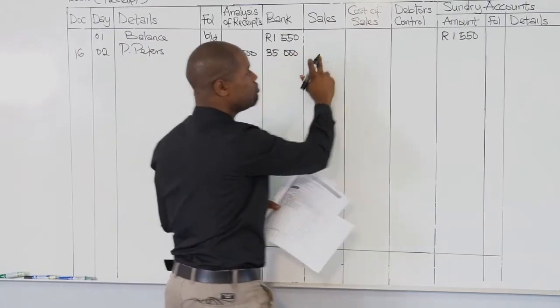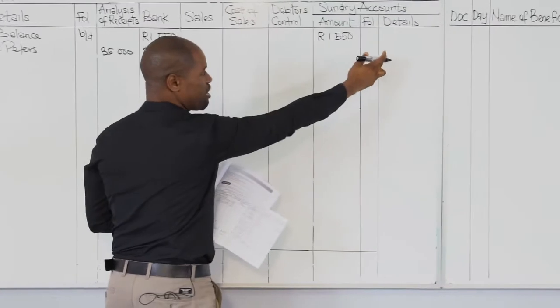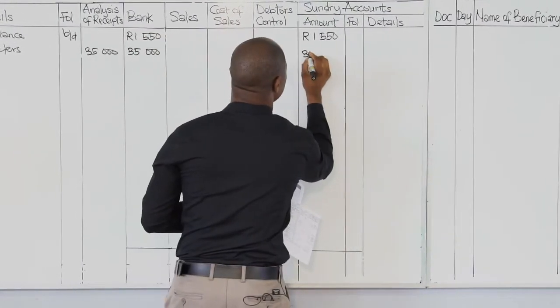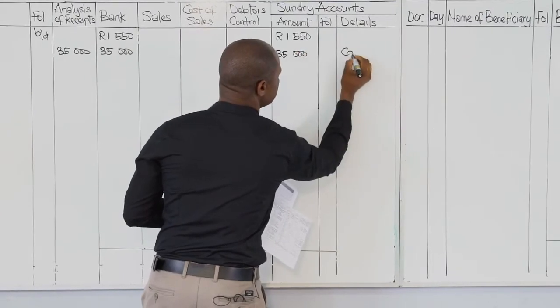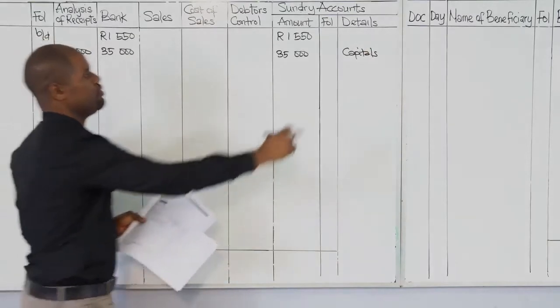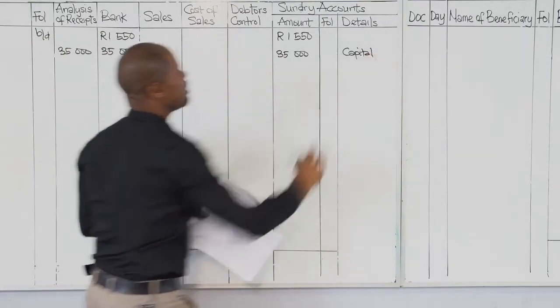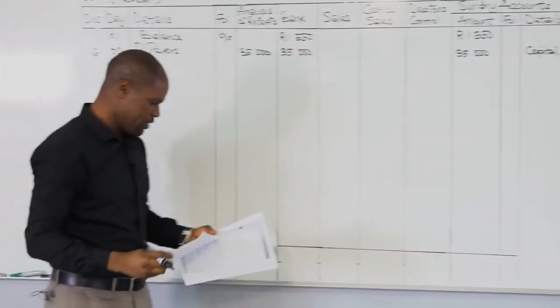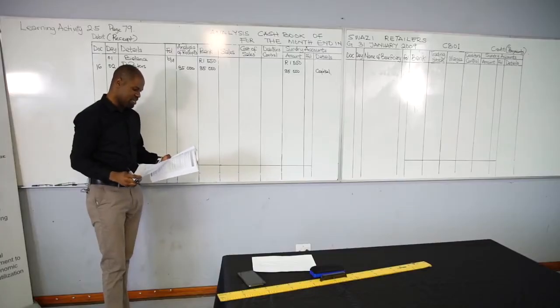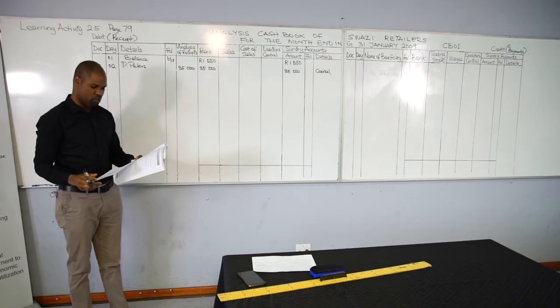It is not a sale, so there is no heading for it, it's a capital contribution. So it comes to the sundry account, 35,000, and then you put the detail on the sundry account as capital. Just put capital.